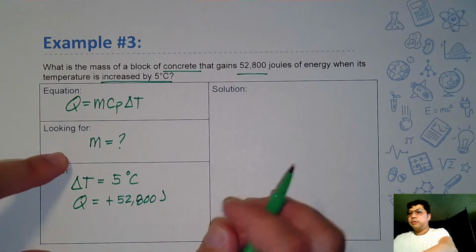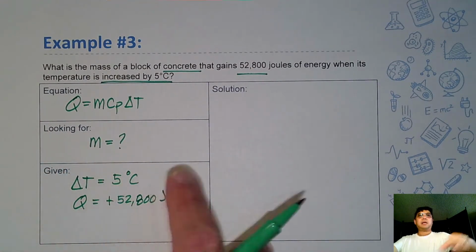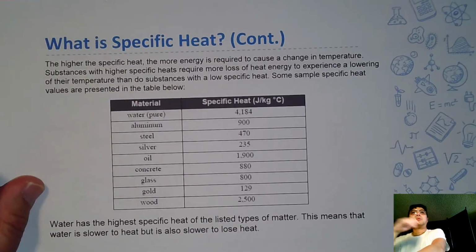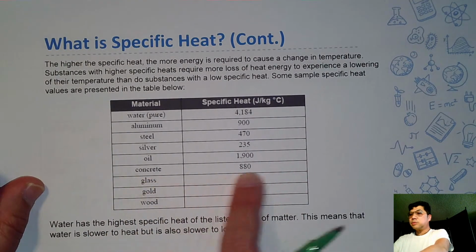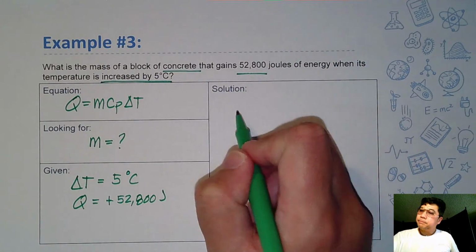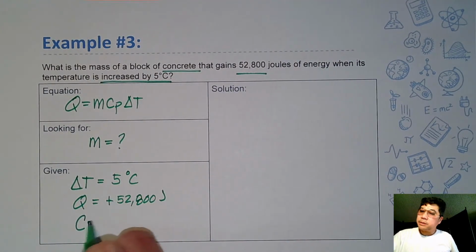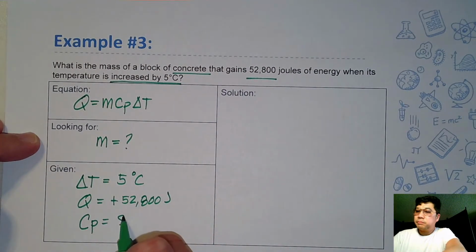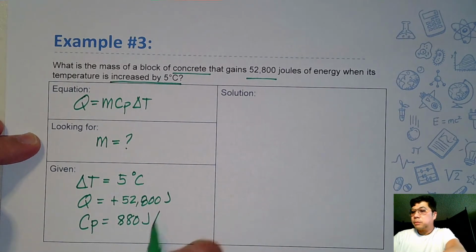We are trying to figure out the mass, and the material is concrete. If we go back to the table that we initially have, concrete has a specific heat, right here, of 880 joules per kilogram degrees Celsius.